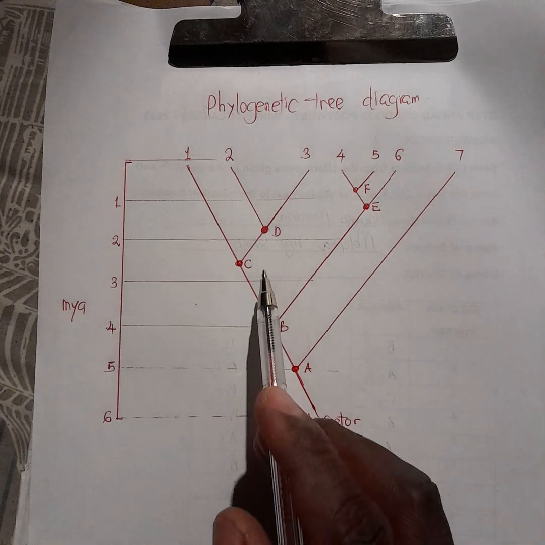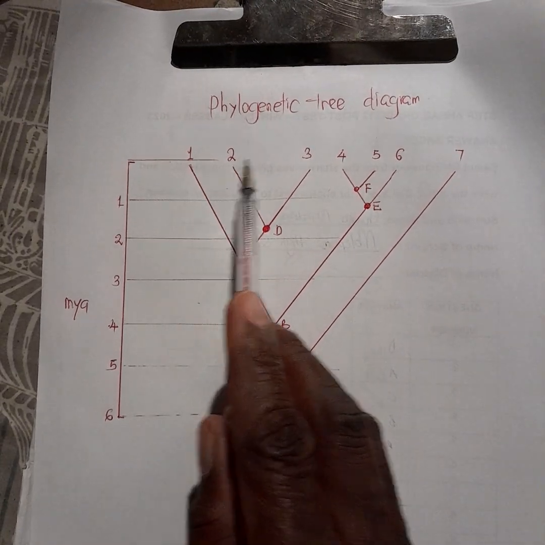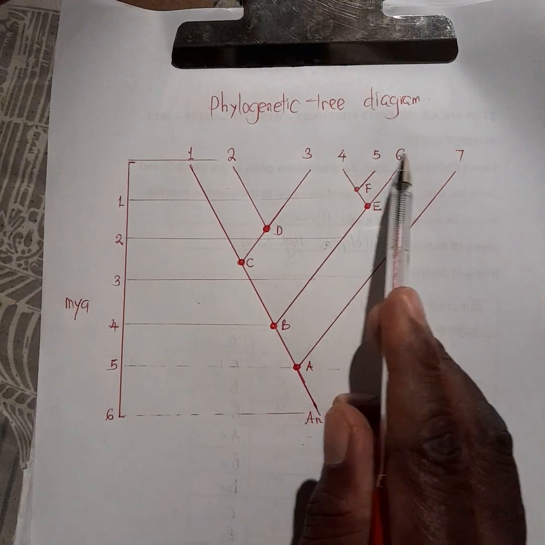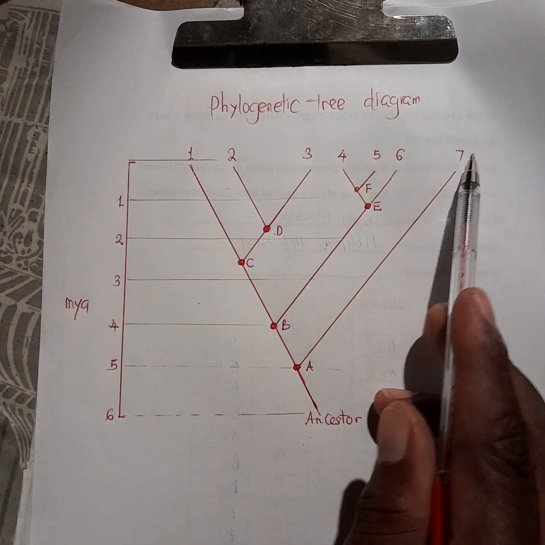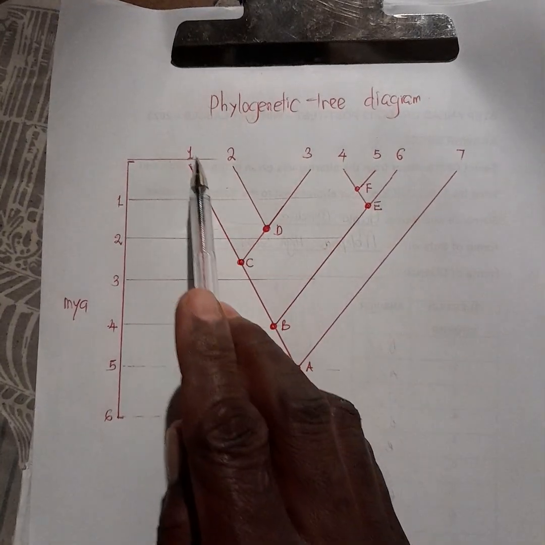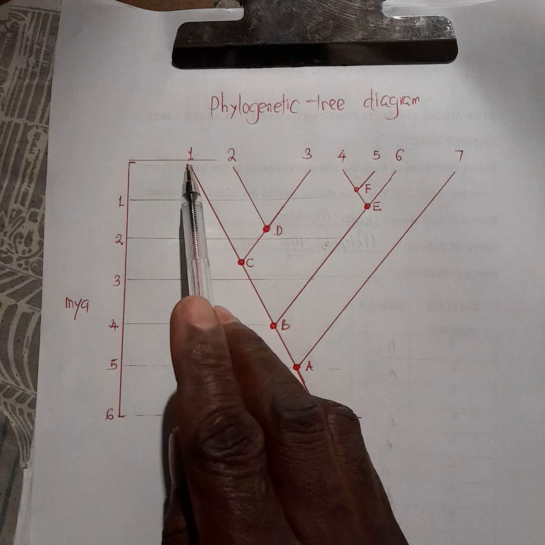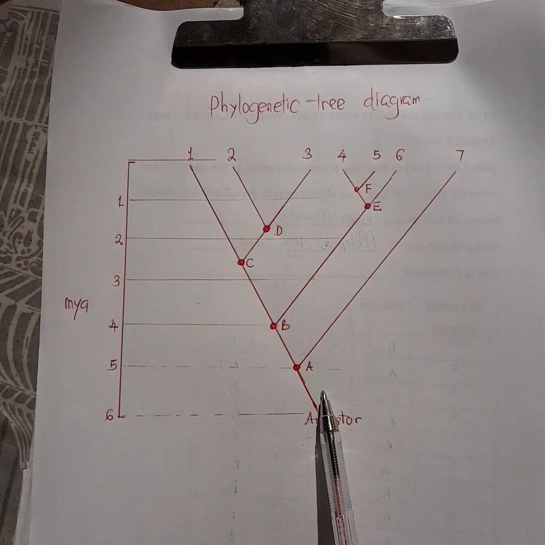As you can see here, we have 1, 2, 3, 4, 5, 6, 7. There are 7 species. All these species share the same lineage, right?